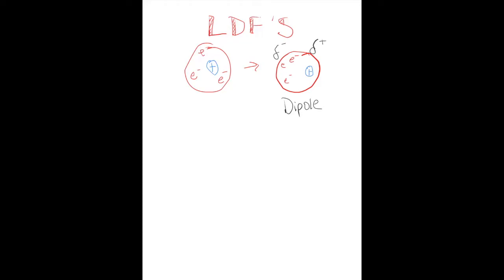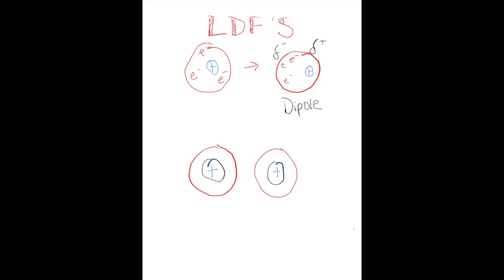And sometimes a neutral atom, like this one, will come across a dipole, or it will just come across another neutral atom, and cause something called an induced dipole.